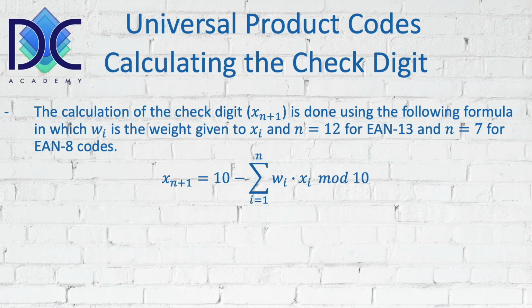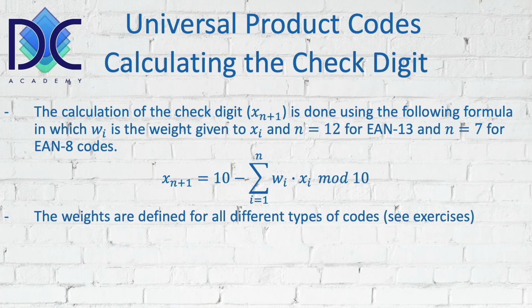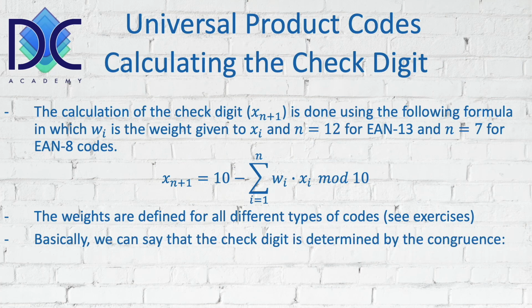Now n is equal to 12 or 7, depending if we have an EAN 13 or an EAN 8 code, which also means that we will see in the next slide what those weights are, because they are specific for this application. And we can say that the check digit is determined by the congruence: that sum plus the check digit is congruent to 0 modulus 10.